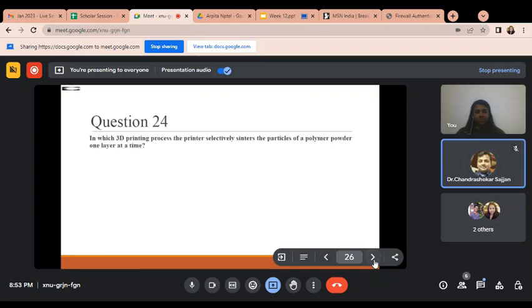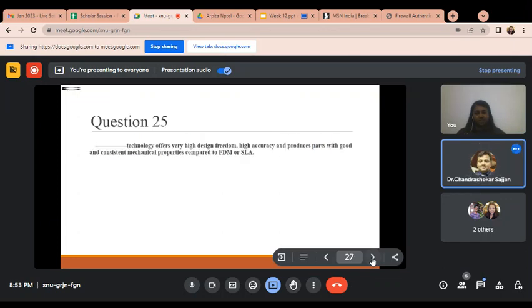And the next question is, in which 3D printing process does the printer selectively sinter the particles of a polymer powder one layer at a time? Here the clue is sinters. SLS is the right answer. Selective laser sintering.